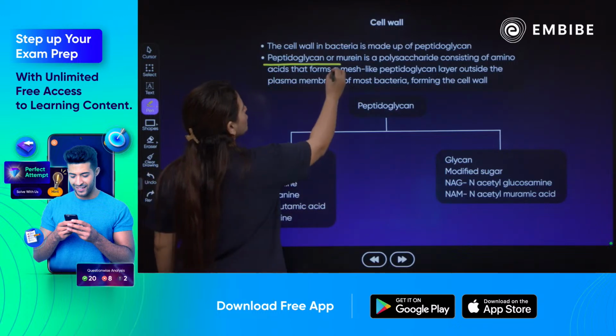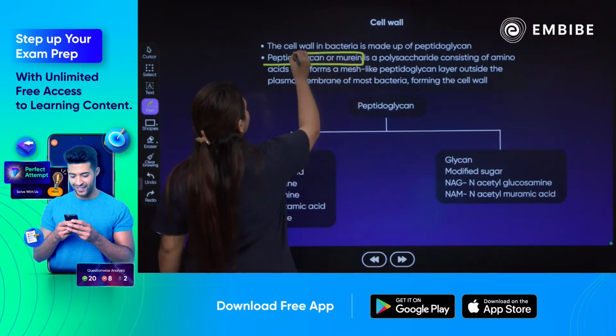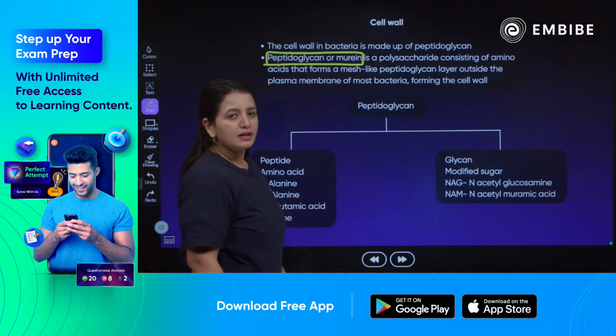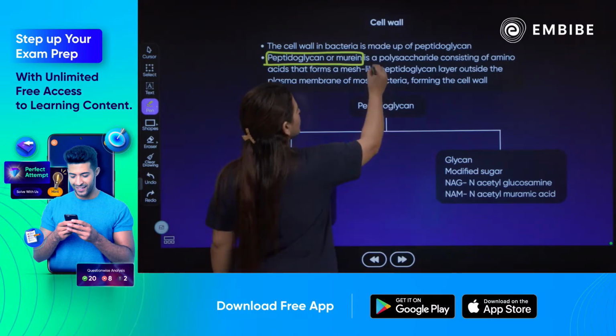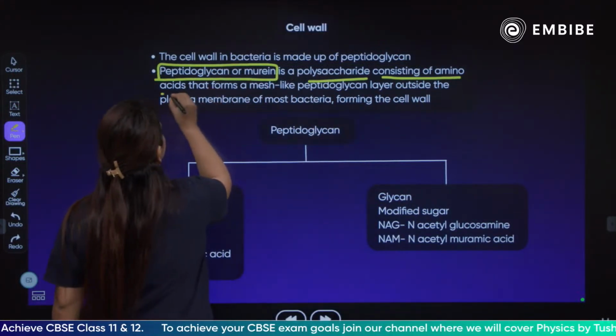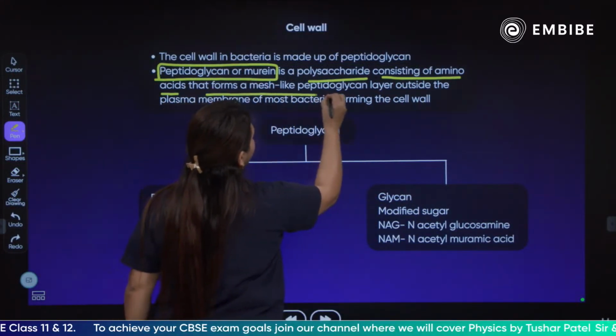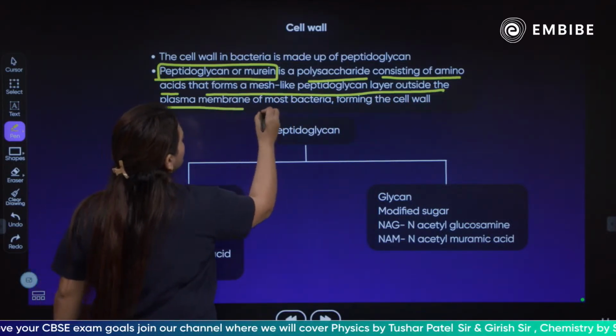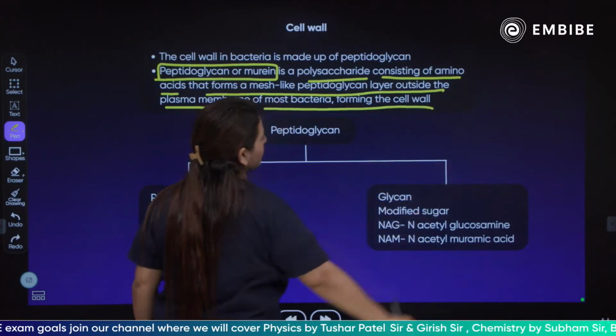Peptidoglycan or murein. Children, please remember these names. Peptidoglycan or murein is a polysaccharide consisting of amino acids that forms a mesh-like layer outside the plasma membrane of most bacteria, forming the cell wall.